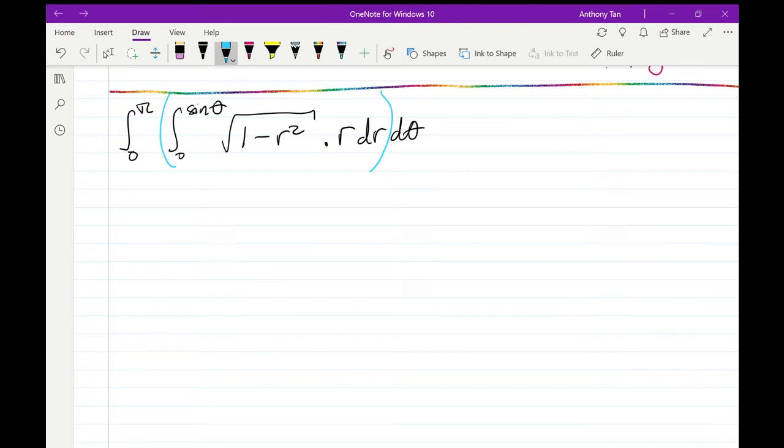So you do the integral in terms of r first, then you integrate with respect to theta. And for this integral in terms of r, this is a u-sub problem. If we say u is 1 minus r squared, then du is negative 2r dr.